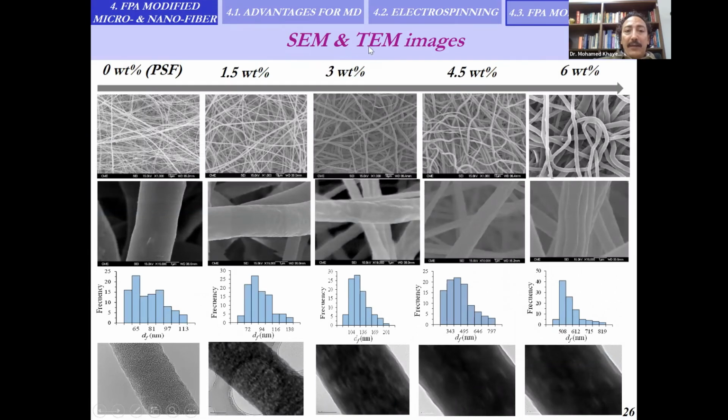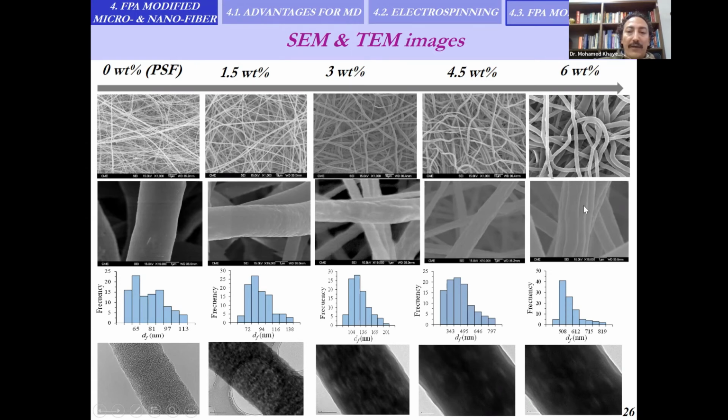These are some SEM and TEM images of the nanofibrous membranes. You can see that we could prepare bead-free nano networks, and with the increase of the concentration of FPI, the nanofibers acquired a more curved structure, with larger size, wider size distribution, rougher, and even corrugated.